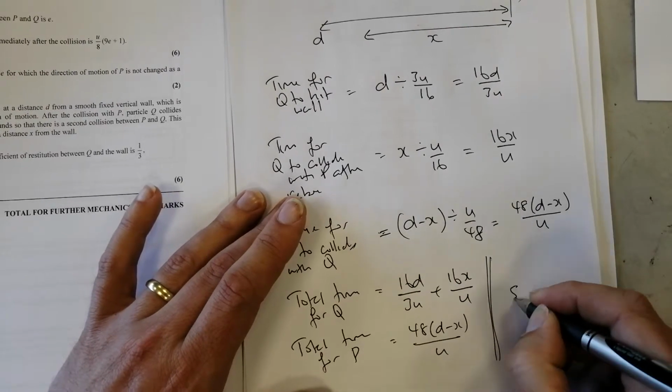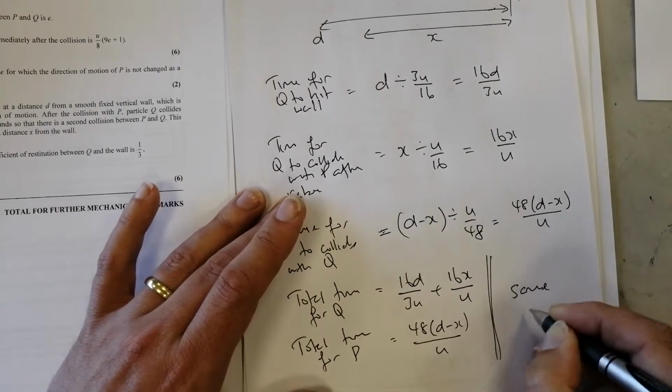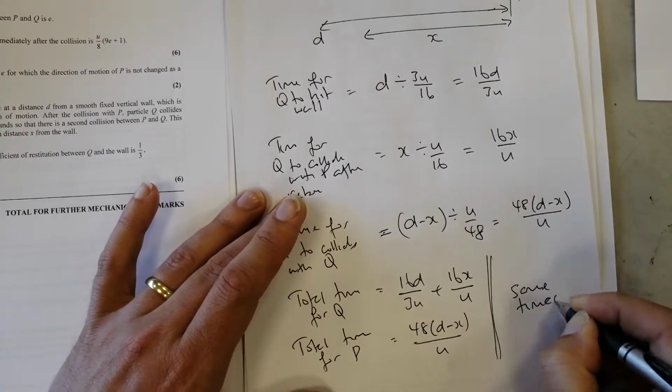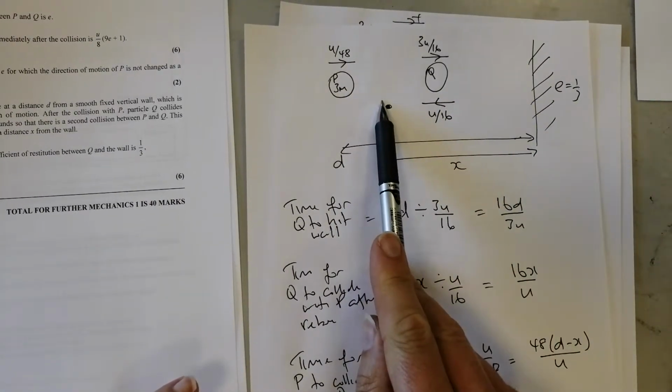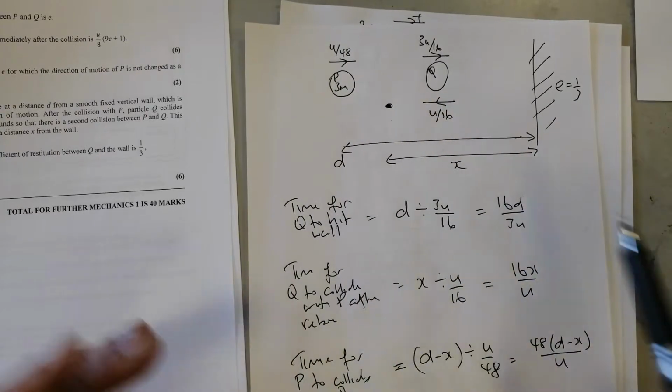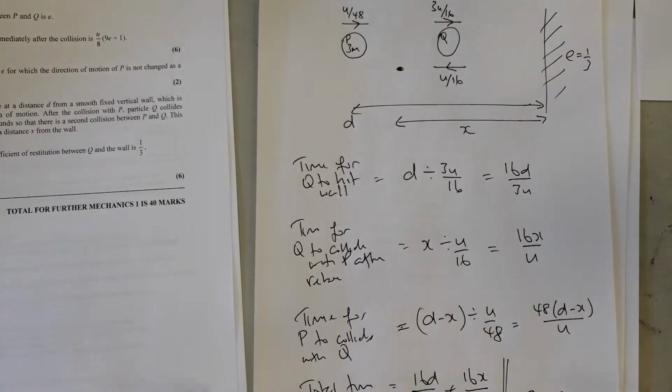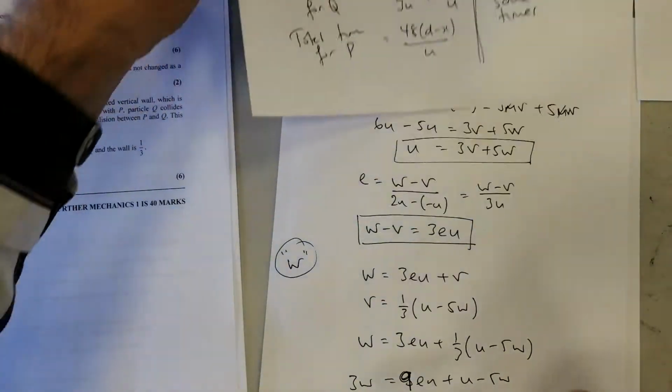However, these times must be the same. However long it took Q to do that, it took P the same time to do that, because they're in the same place at the same time.